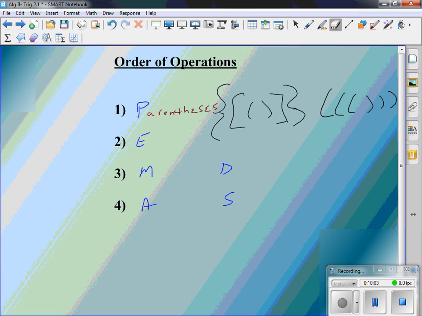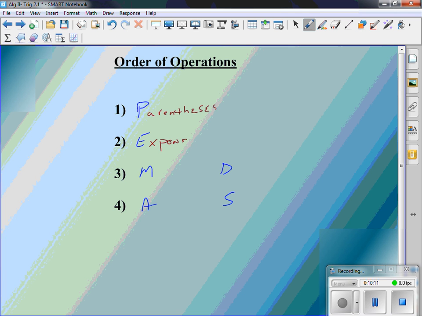E stands for exponents. Exponents are one of the easiest mistakes to make. What's 5 squared? 25. 5 times 5.